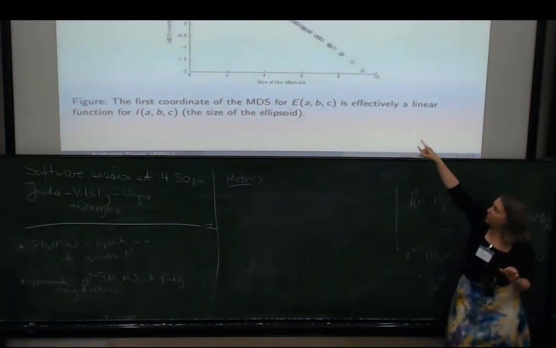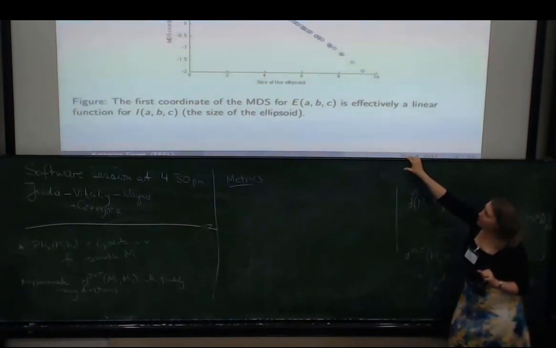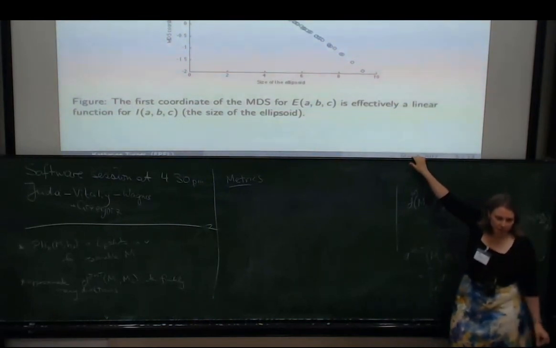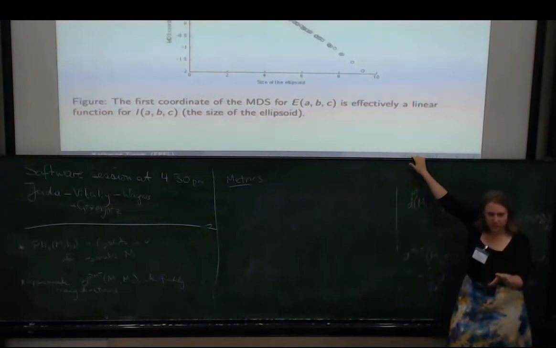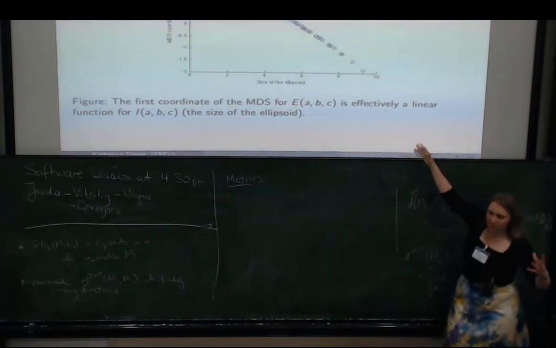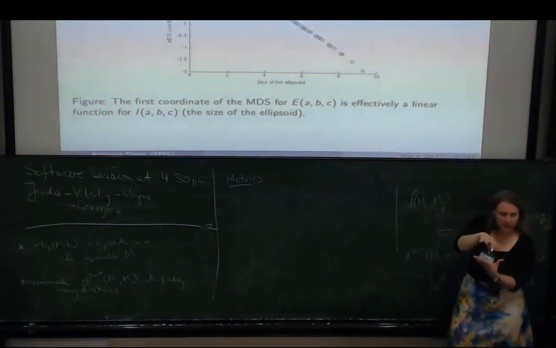So each of these dots here corresponds to one of the ellipsoids. And the MDS coordinate 1 means the first coordinate that ellipsoid was sent to when we did this projection into Euclidean space from shape space. Ellipsoid shape space into Euclidean space, preserving these distances.